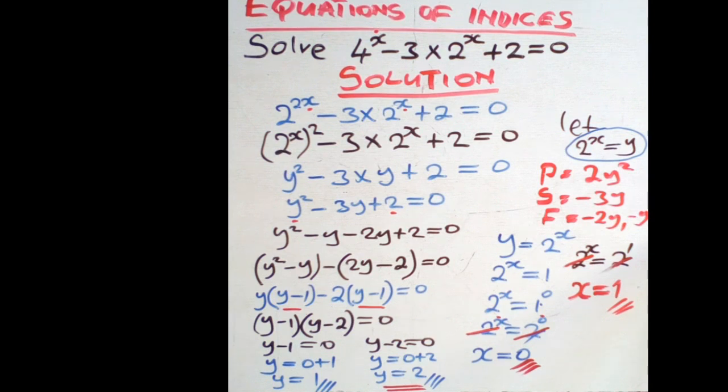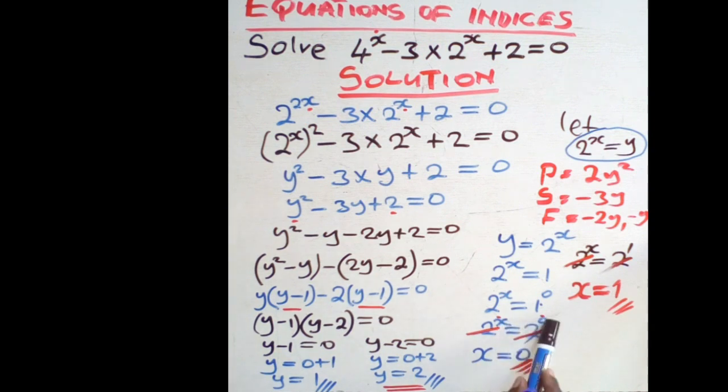So for a question like this one, it's very important to remember the rule that any number to the power 0 is equal to 1. So to get this 1, it could have been 2 to the power 0. That's why we had to write 2 to the power 0, such that these are equal, so we ignore them. When they are equal and we ignore them, it means in terms of powers, we have to equate the powers to get the values of x.